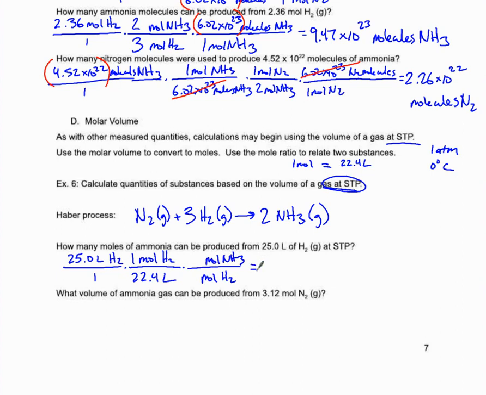So we're ready for the mole ratio, 3 for the hydrogen, 2 for the ammonia. It comes out to be 0.744 moles of ammonia.